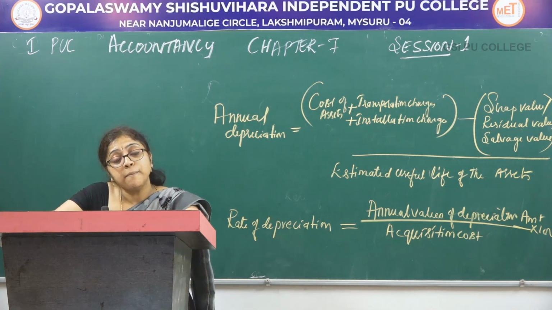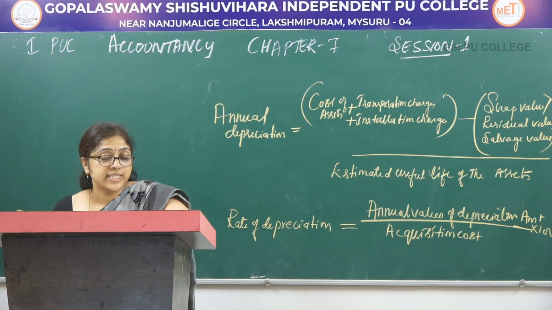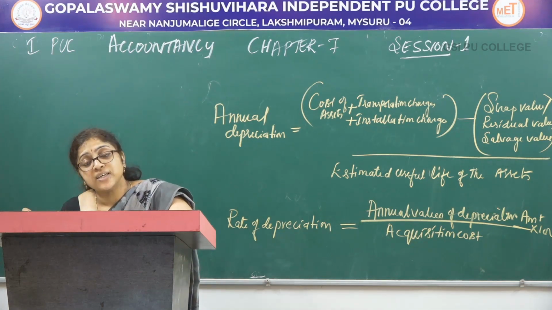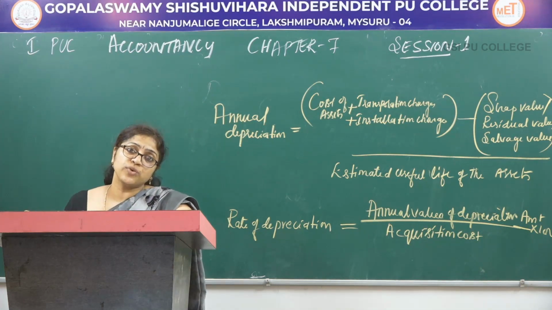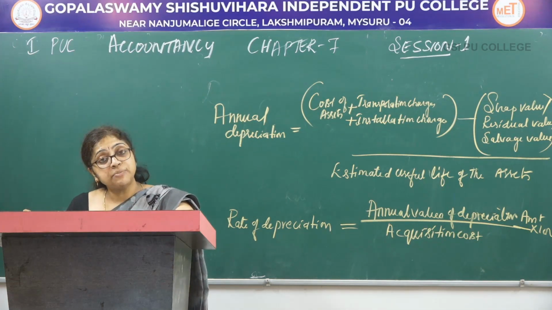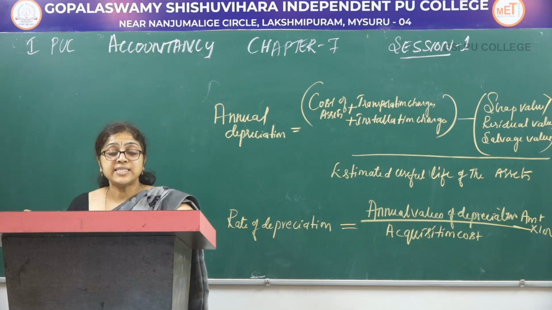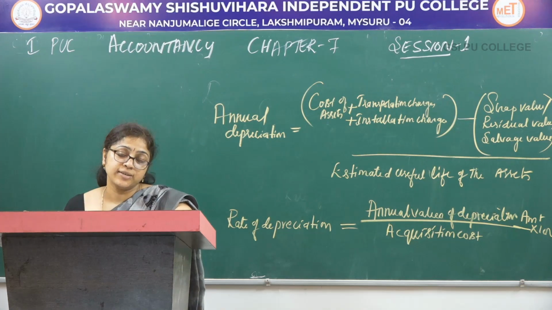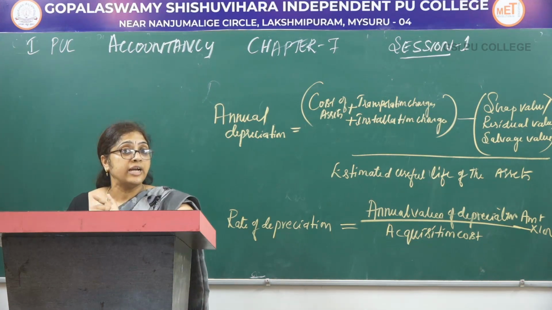This makes comparison of profits for different years easy. This method is suitable for those assets whose useful life can be estimated accurately and where the use of the asset is consistent from year to year, such as leasehold buildings.